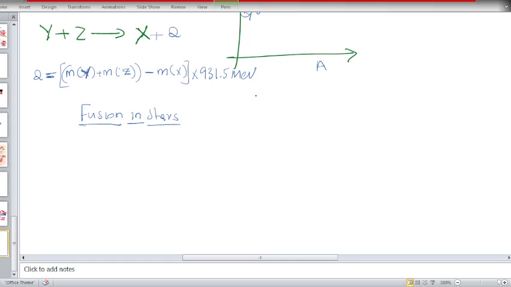We need 10 raised to 9 Kelvin, but in the sun it is 10 raised to 7 Kelvin. Because of the high density in the sun, even though the temperature is a little less than the theoretical value, fusion is possible. Even that much temperature is enough for the fusion reaction in the sun because of high density.